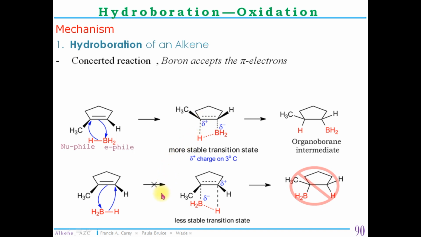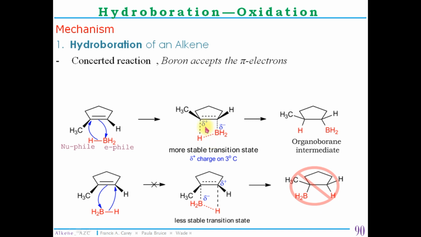In the second chance, where boron forms a bond with the more substituted carbon, the transition state shows partial bond formation where boron has a delta negative charge, and as we have seen in the first chance, there is delta positive charge generation on the adjacent carbon, which is partially forming a bond with this hydrogen.